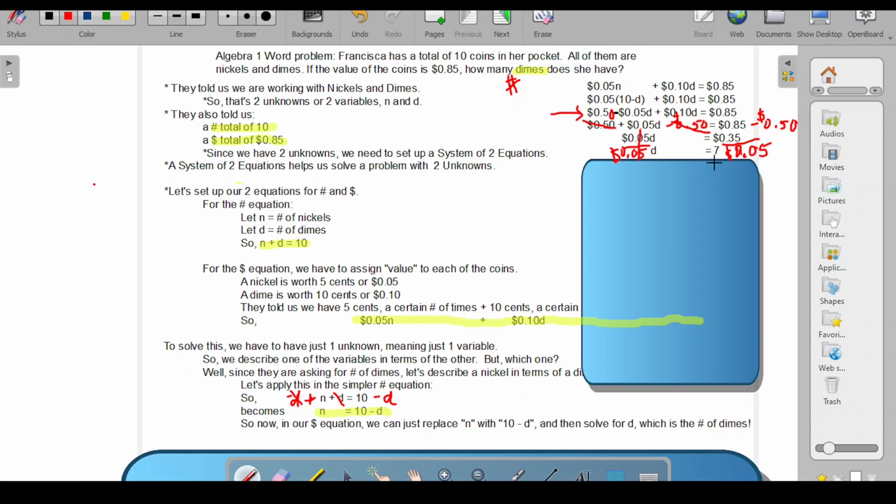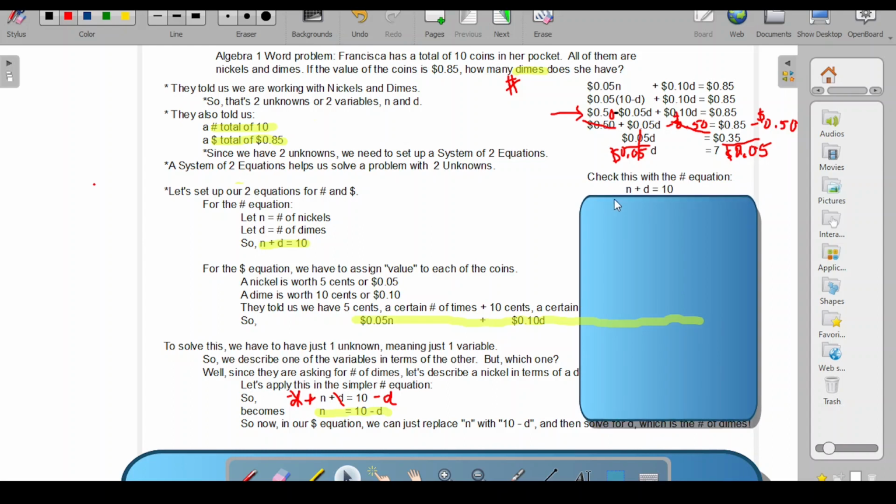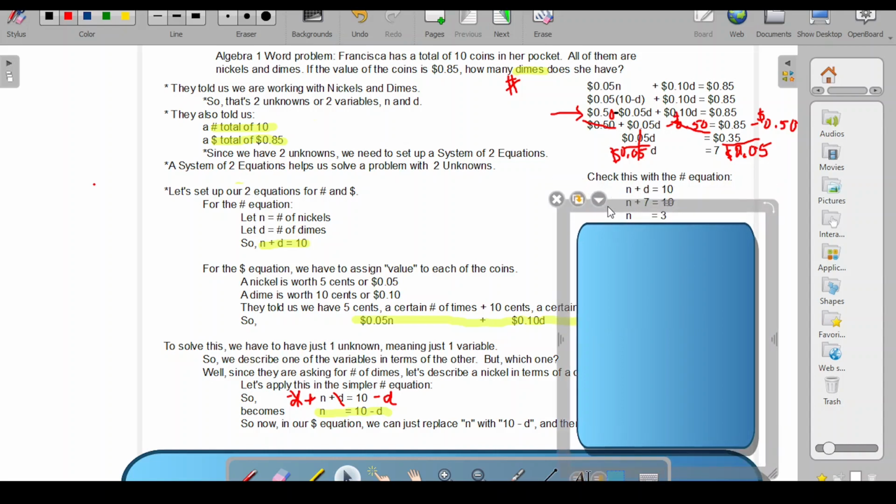Well, let's check our work. Check this number with the number equation. That's this one. n plus d equals 10. Well, we said d was 7. So n plus 7 equals 10. Okay.